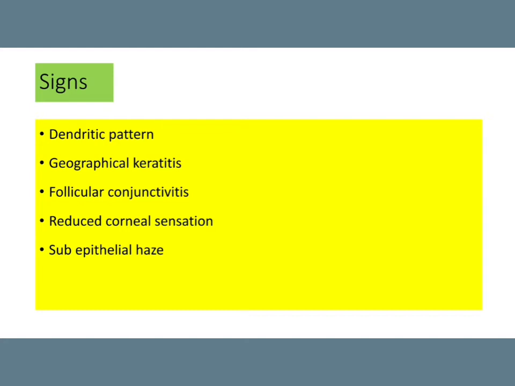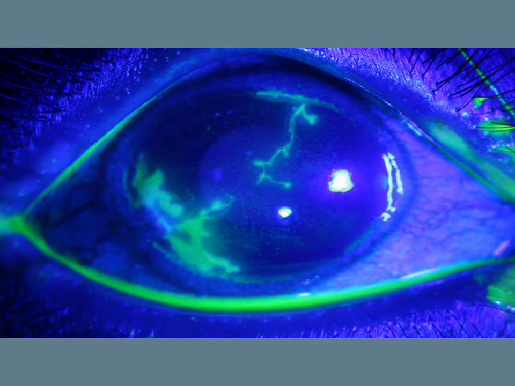This type of keratitis is sometimes self-resolving, and you will also observe epithelial haziness. This is what I was telling: these are the dendritic patterns that are visible. Here it is very clearly seen that these are linear structures, the dendritic pattern, and this is only seen in HSV keratitis.